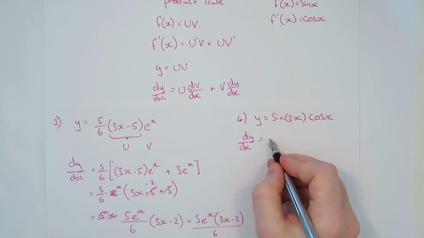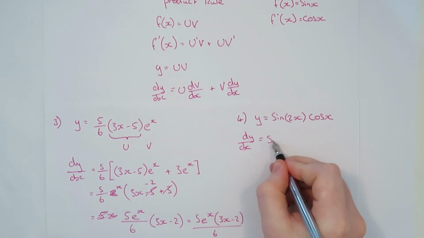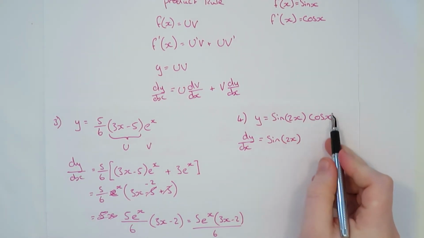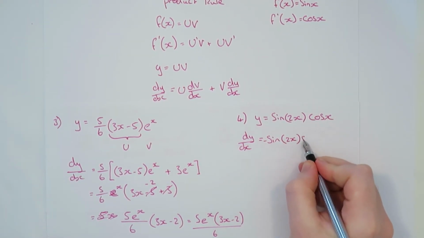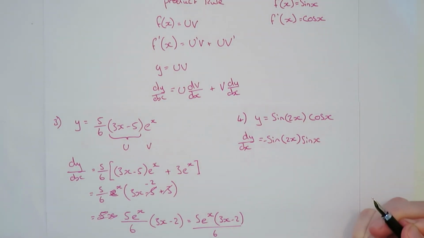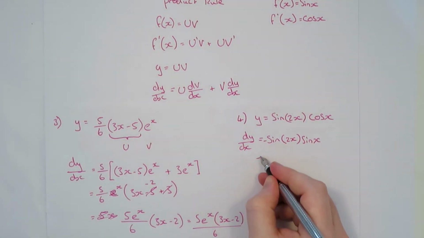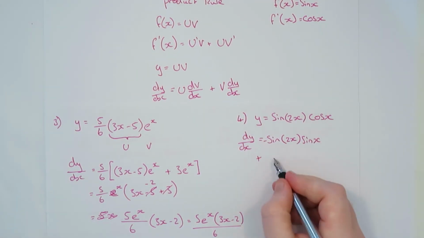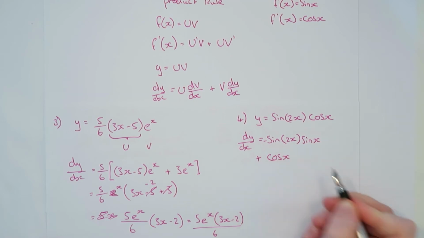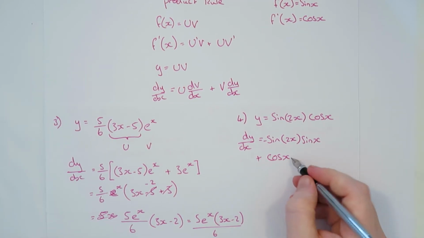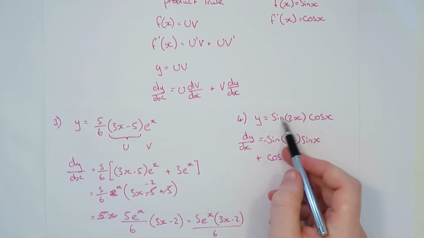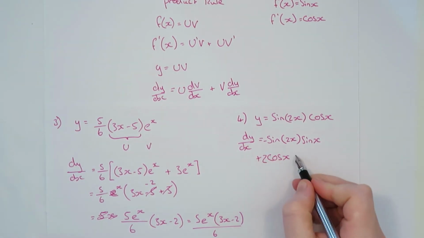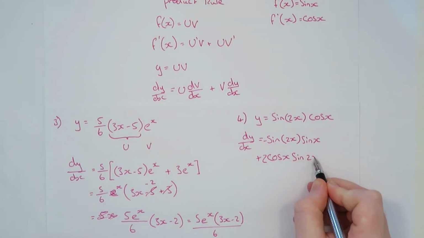So we do u first, and then the derivative of v, which will be minus sine x. And then we add on to that v du. So this is our v, and then the derivative of this. Okay, well, I'm assuming here that you can differentiate that. That will be 2 lots of cosine 2x.